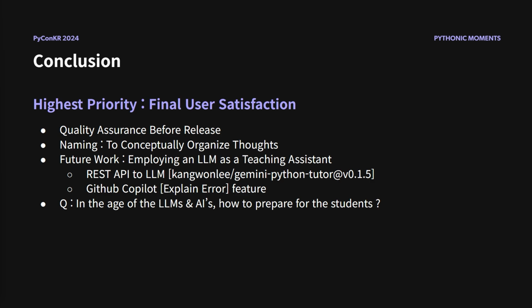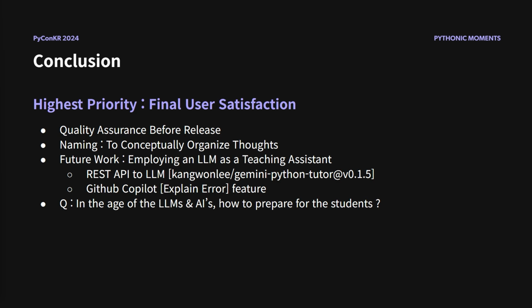And also, the naming convention that I introduced, which are the owl, canary, and egg, helped me to conceptualize and organize the thoughts. And for the future work, I was going to employ a large language model as a teaching assistant, giving feedback to each student's assignments.